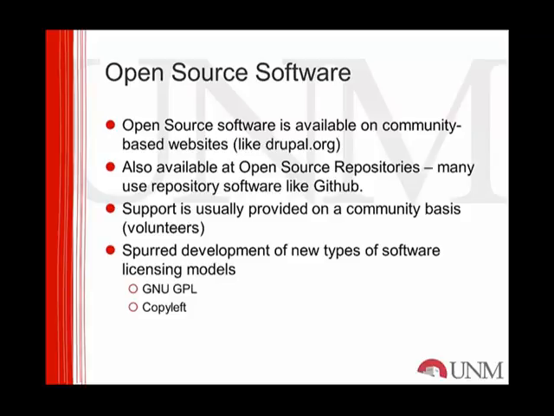GNU is a movement to provide a Unix-like operating system for free. It spurred a lot of different ideas for Linux and Red Hat and so forth. And GNU is actually one of those geeky recursive acronyms that means GNU's Not Unix.